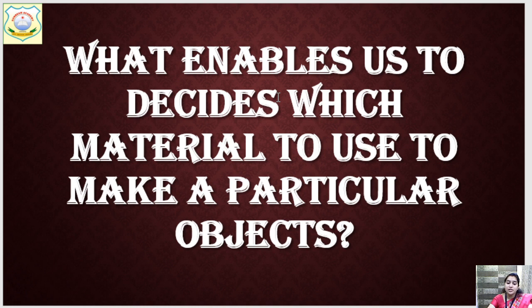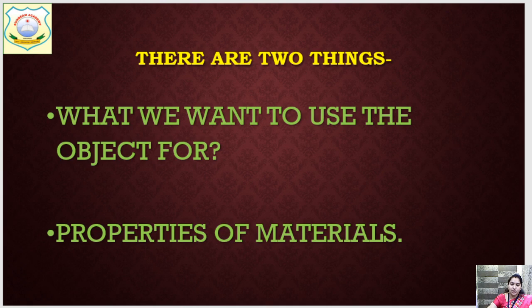What enables us to decide which material to use to make a particular object? We have seen that there are two things that decide. First, what we want to use the object for. Second, properties of the material.